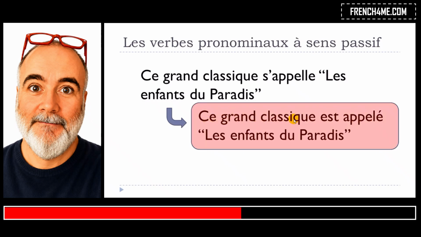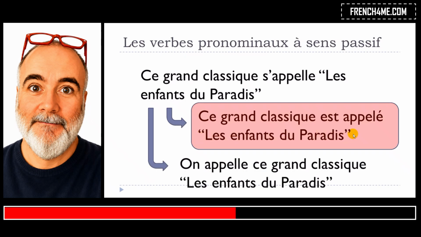So, ce grand classique est appelé Les Enfants du Paradis, so it would be an option, of course, or then it would be possible to use on appelle ce grand classique Les Enfants du Paradis. Okay, and in this situation, you notice quite well that ce grand classique, well, actually is not doing the action.